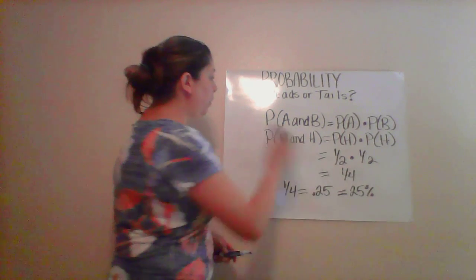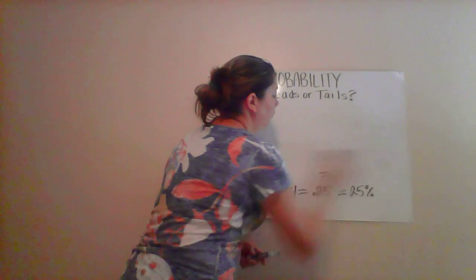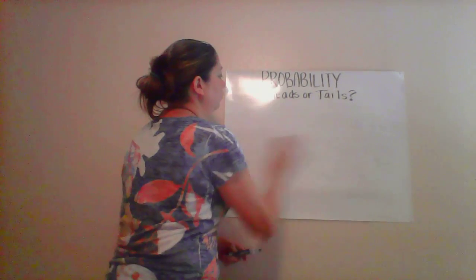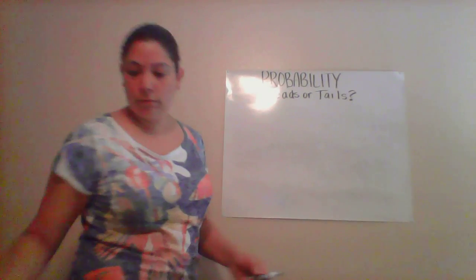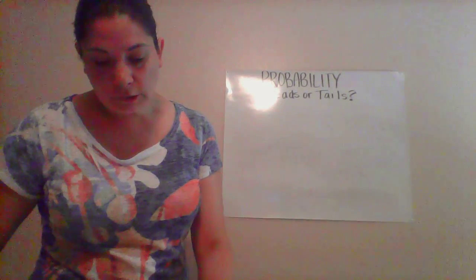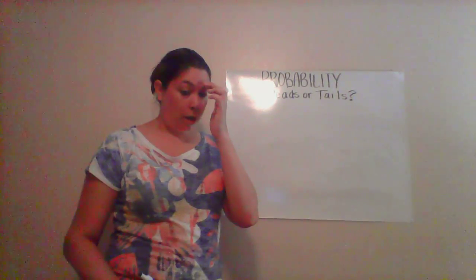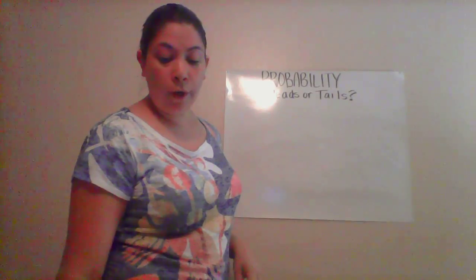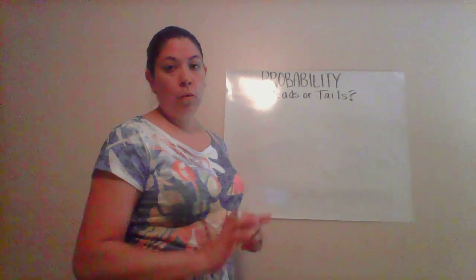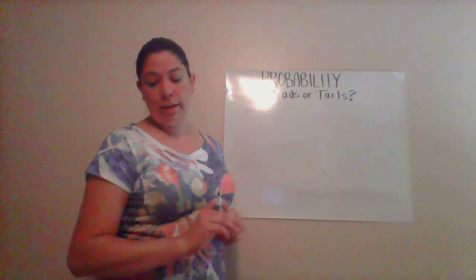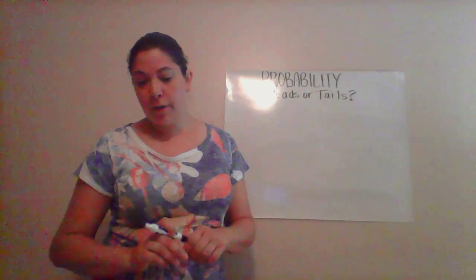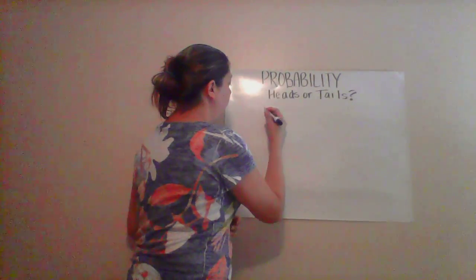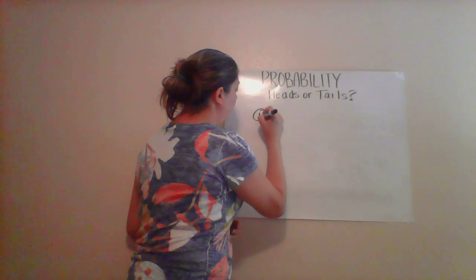We can try a different problem. Okay, if we want to figure out the probability of 3 coins landing on heads, we'll just simply multiply. So we have a diagram.